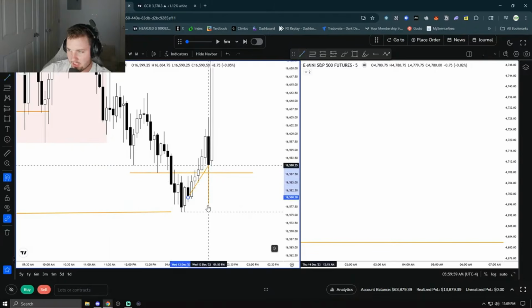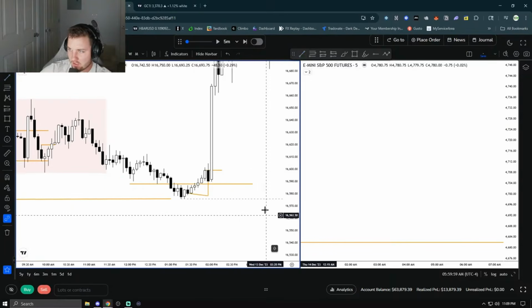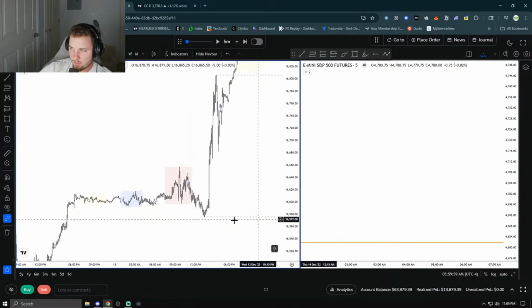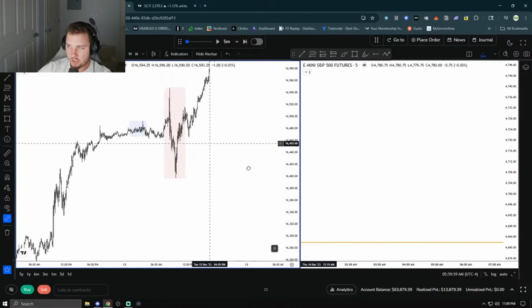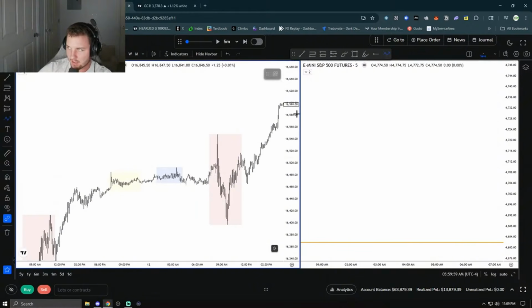I'm trying to set it up so that we catch the expansion. Actually, no, we can't even catch it. But point is, we see how we just invalidated everything. So bam. Now what I want you to do is backtest like that and figure out, again, this is the same exact thing that we just skipped.